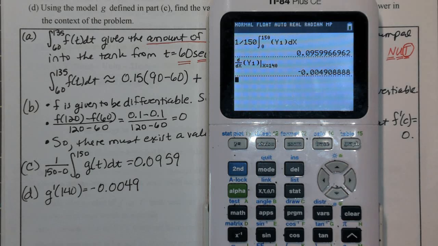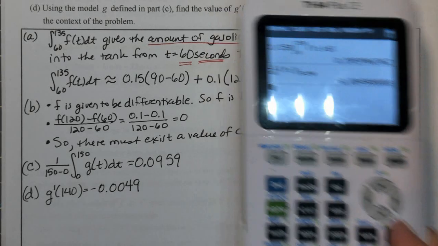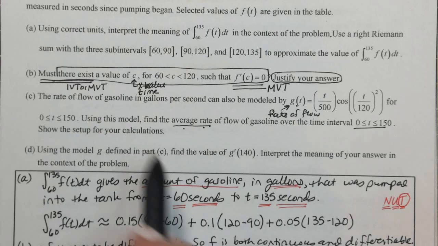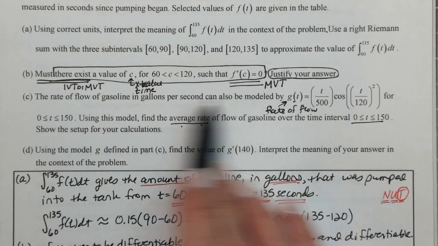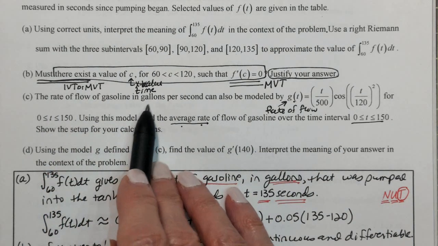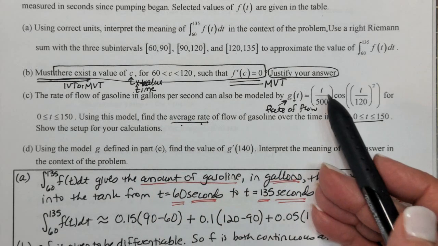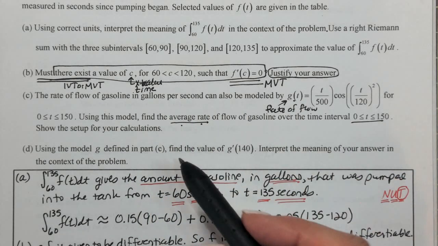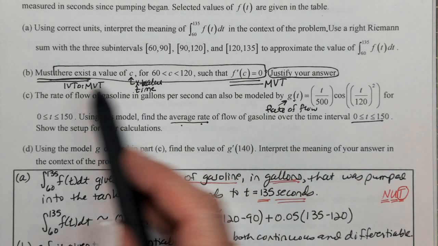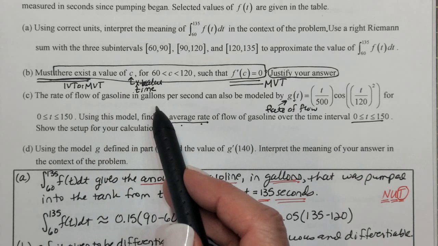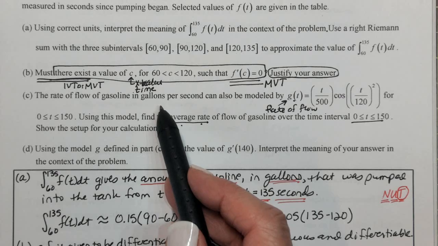All right, now, what is the meaning of that? Well, G is the rate of flow of gasoline in gallons per second. So what is G prime? It is the rate of flow of gasoline, right?